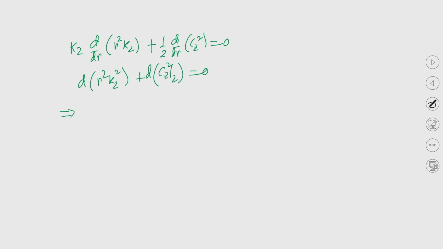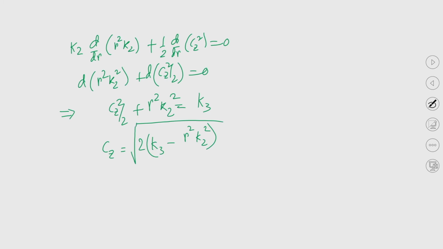That means we can write that C z square by 2 plus r square k 2 square will be equal to constant, say this is k 3. Now C z will be equal to the under root of 2 into k 3 minus r square k 2 square. This is basically the expression of C z.